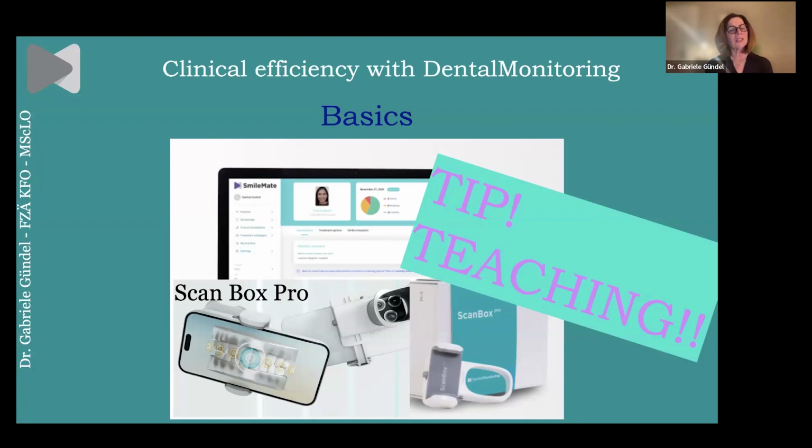But if your patient is not able to do really good scans with a stable bite, you will not get the right information about class 1, 2, 3, or about midline corrections or other specialties. So this is my first tip. Take your time. Don't leave your patient alone with this scanning process.